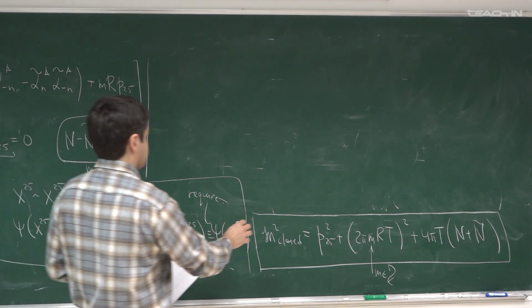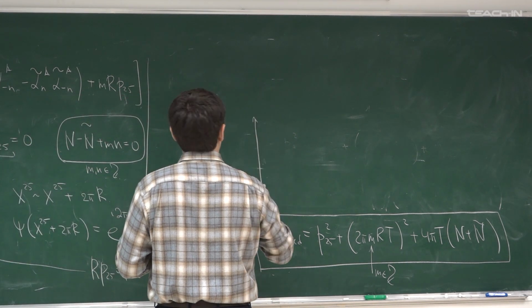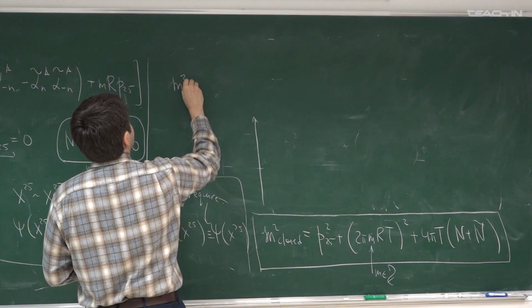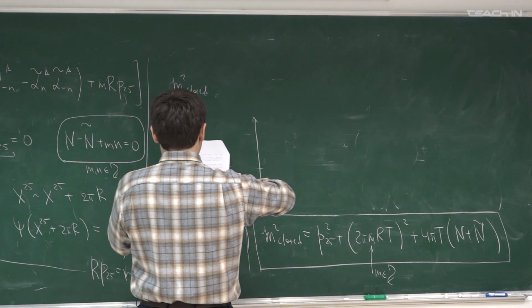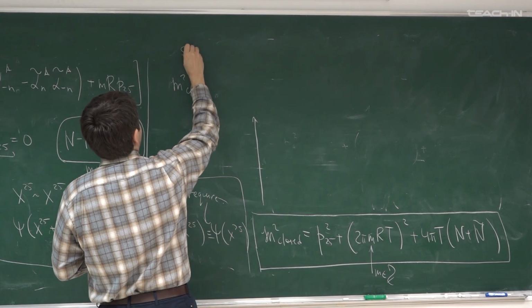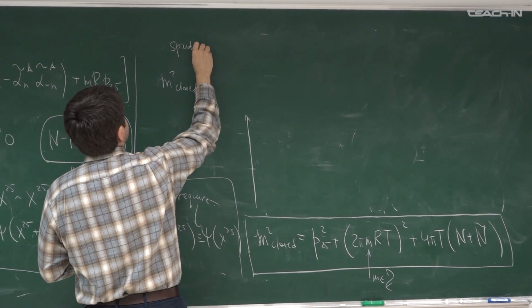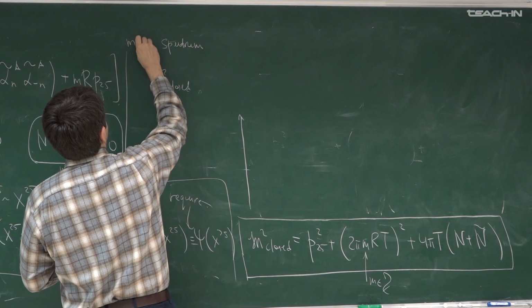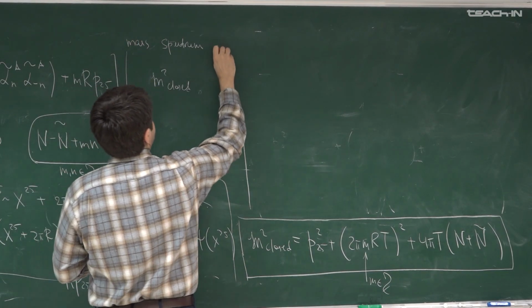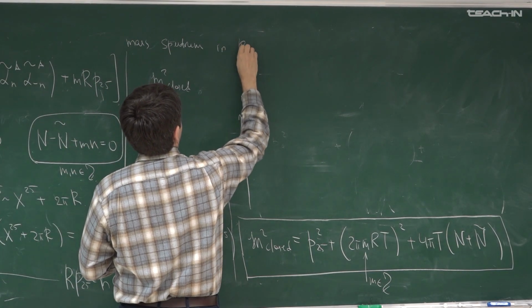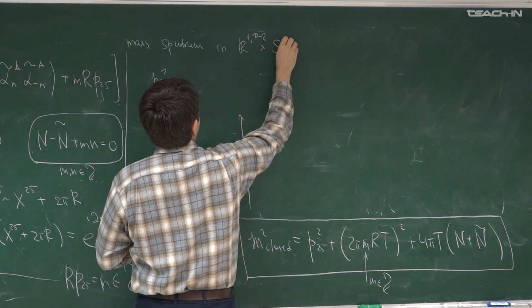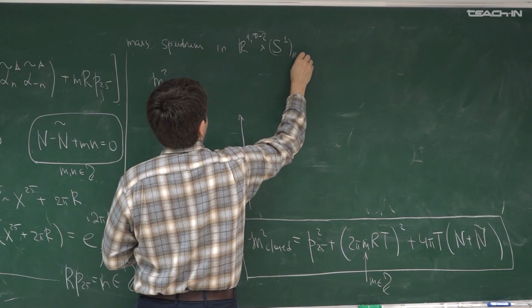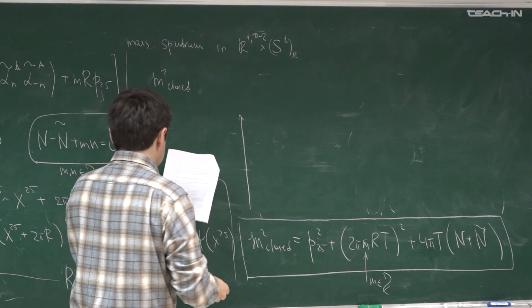So this gives the mass spectrum in this case of radius r. So this is n over r.